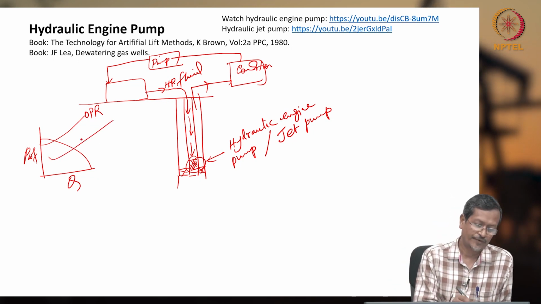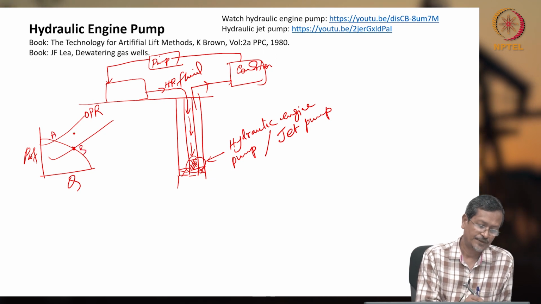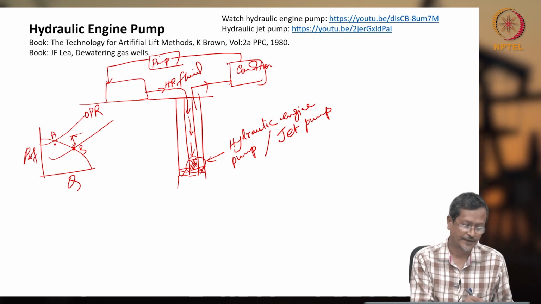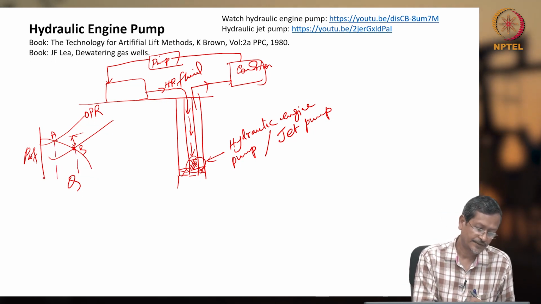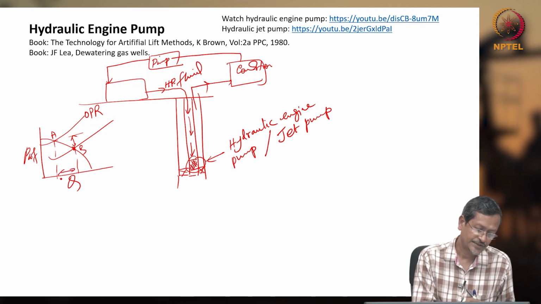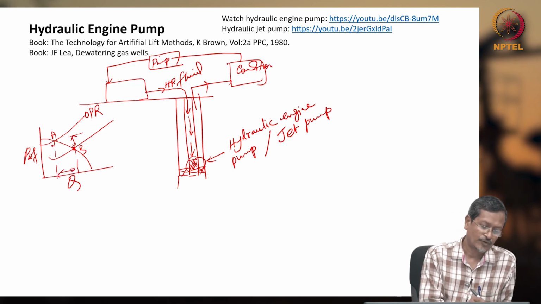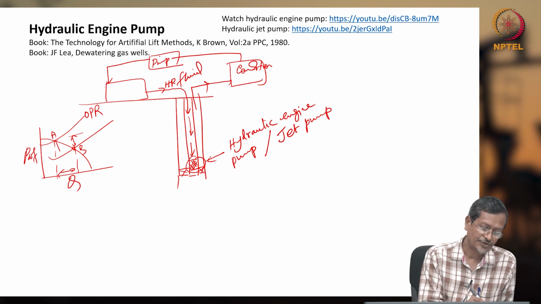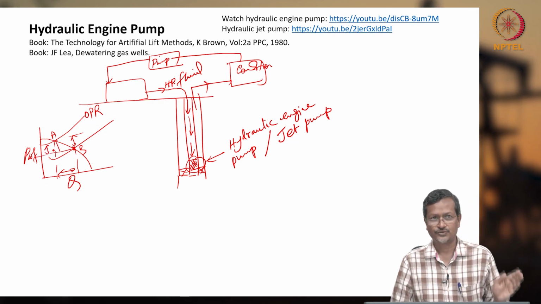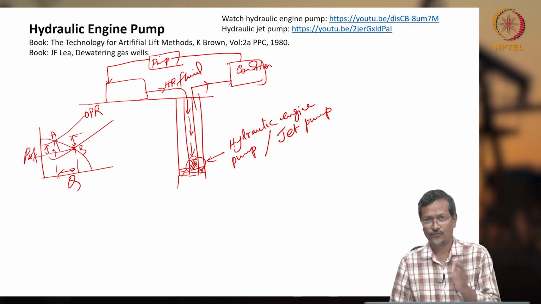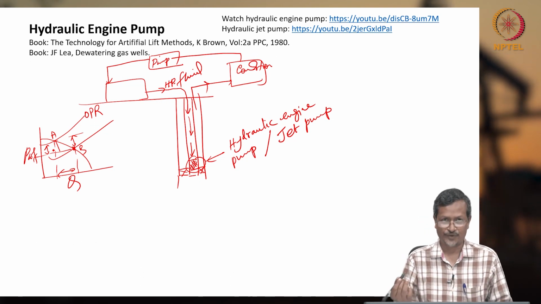Because of the PWF reduction, your point moves from A to B. Because of this pressure change, Q increased, you can see this, and your flowing pressure is reduced, so you are getting more flow rate or production fluid.